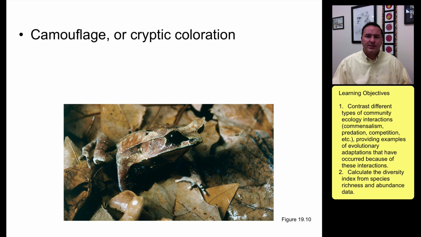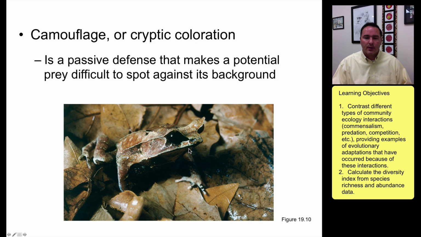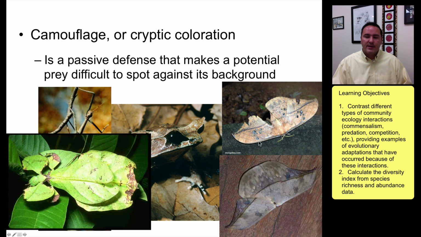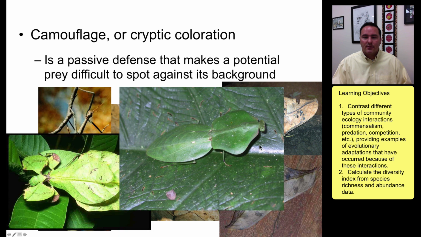Camouflage is another strategy, or cryptic coloration, where organisms have evolved to look like their surroundings so you can't see them. Here's a few examples of this. We've got the walking stick, the leaf insects, which are closely related to the walking sticks, and these moths that look like leaves. Here's a praying mantis that looks like leaves on the outside.